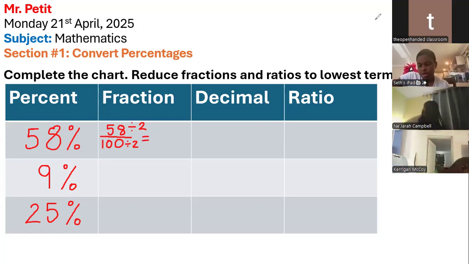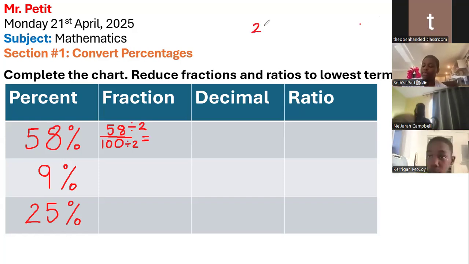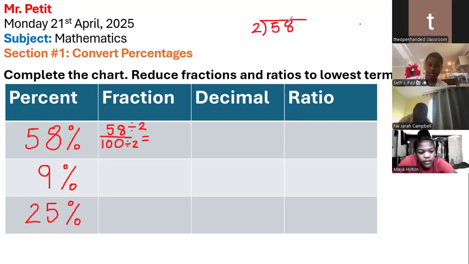So we say 2 into 58. How many times does 2 go into 5? Twice, very good. 2 times 2 is 4. And what is 5 minus 4? 1. Bring down the 8.